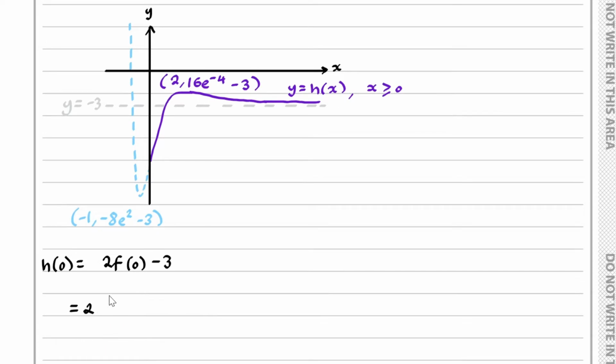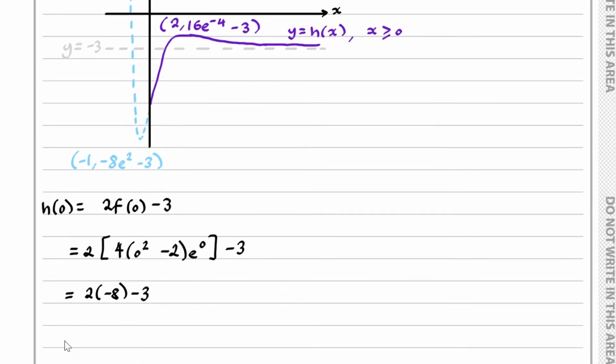So we have 2 lots of 4 lots of 0 squared minus 2 lots of e to the power of 0 minus 3. So here we end up with 2 lots of minus 8 minus 3, which is minus 19. So therefore this point has coordinates 0, minus 19.